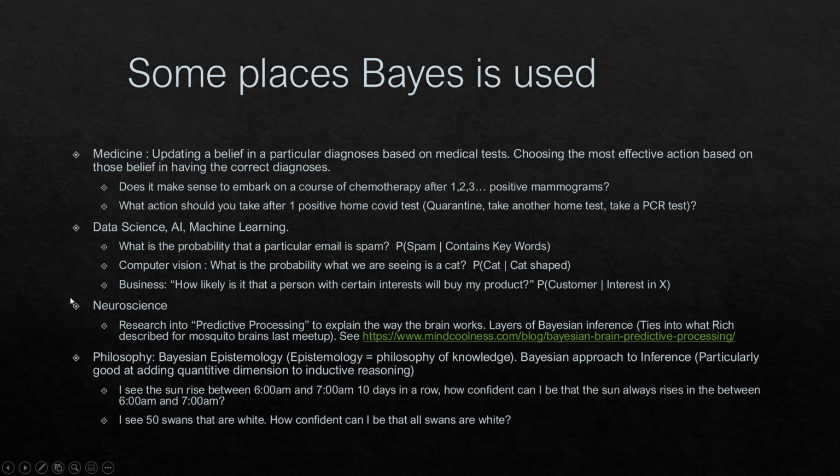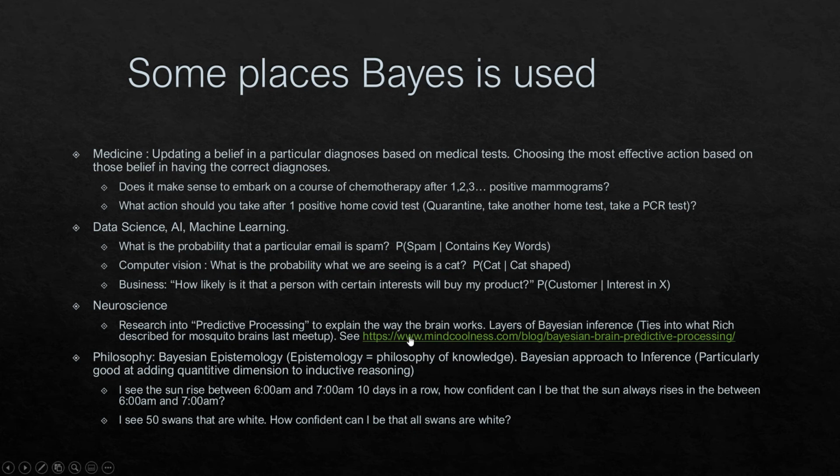Another place that Bayes algorithms are looked at is in neuroscience. You'll see there's a process called predictive processing used to explain how the brain works. That's one of the theories for how it works.